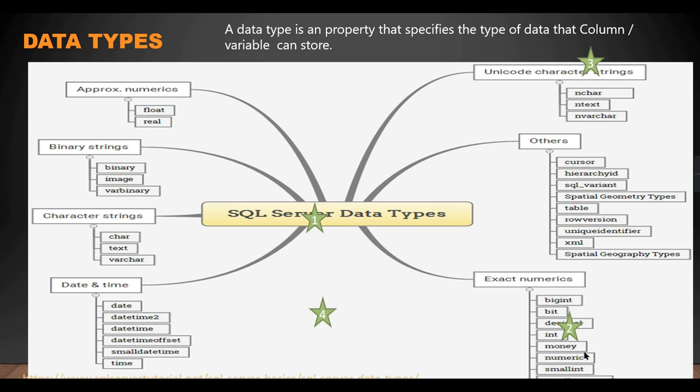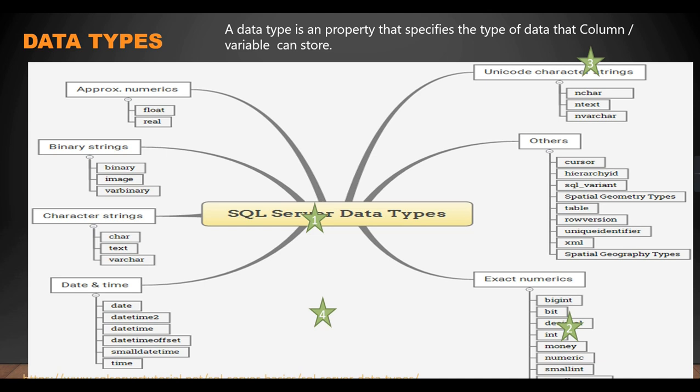So based on your type of data as well as the volume, how much data it is going to store, the minimum and maximum limit, you can choose appropriate data types. So if it is strings, that is text, there are three types: character, text, varchar, and varchar is a new data type that needs to be added.